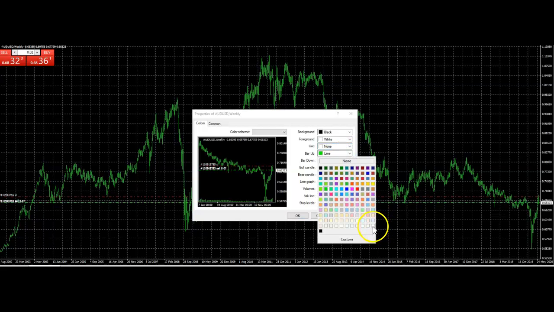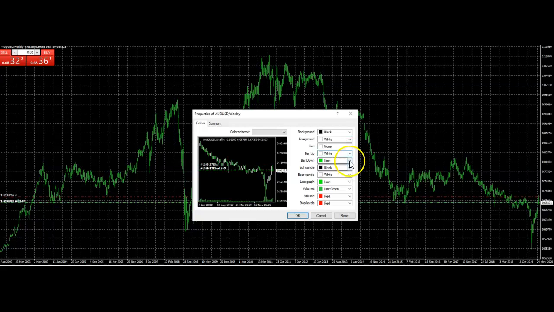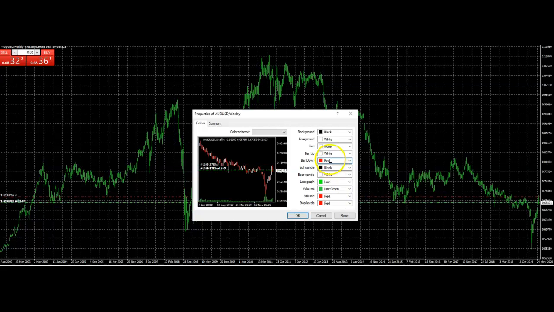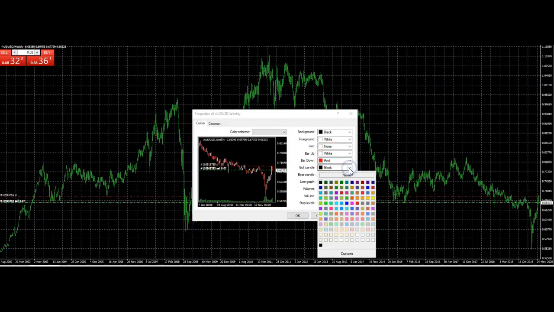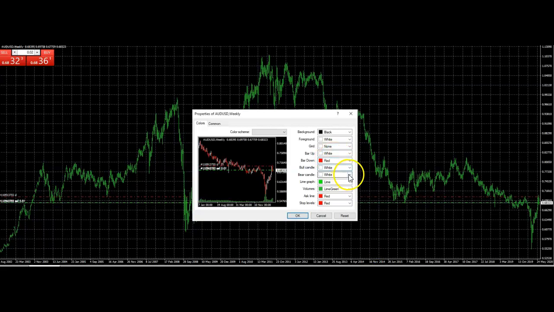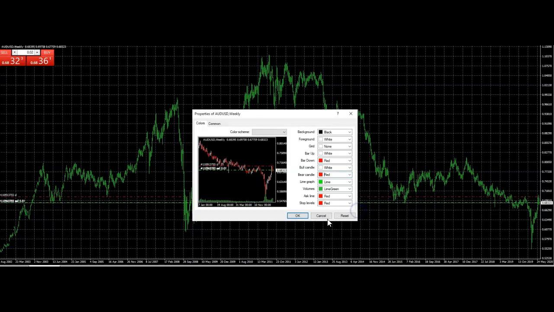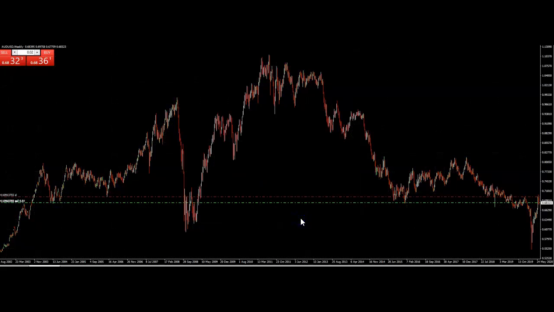White, that's the buy. The bar down, go red. That's selling. Bull is the white, and then the bear market is the red. Okay, so we got that all set up right there, right? All right. And first thing I do, guys.